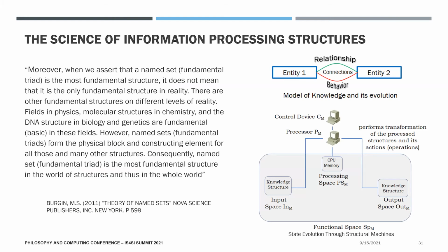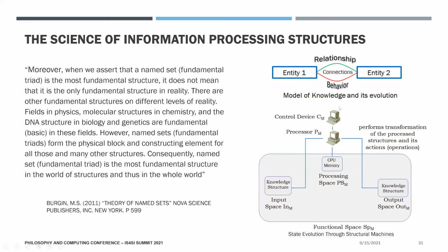So here is the science of information processing structures. And actually this is based on the named sets and also the structures, the theory of structures. As you can see here, the relationships and the behaviors, entity 1 and entity 2, this is really the data structure for knowledge structure.